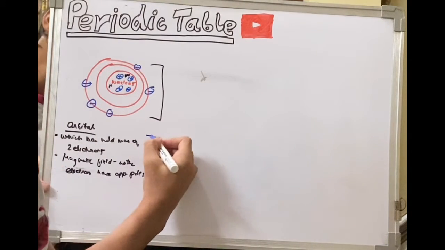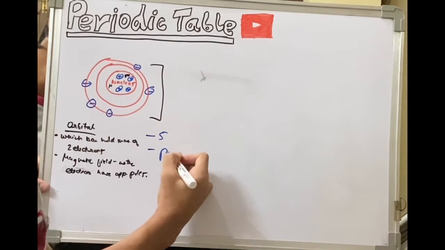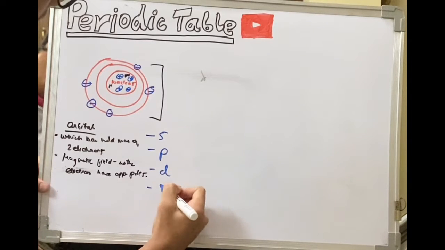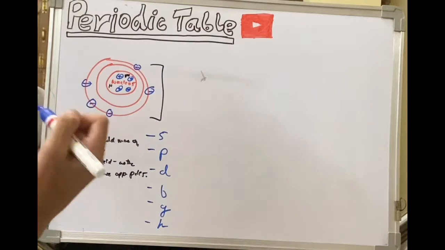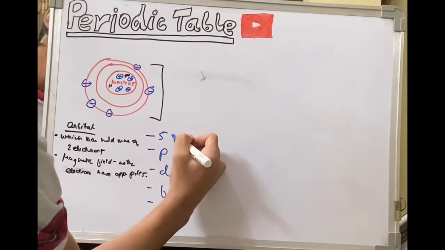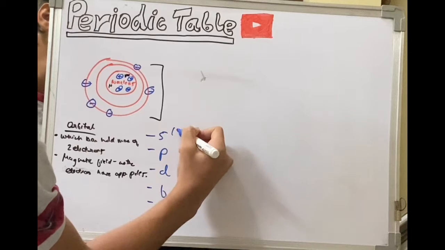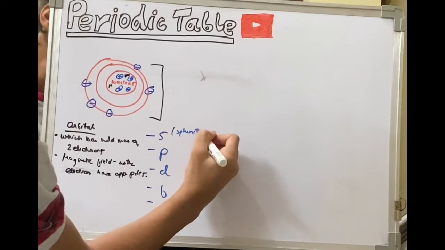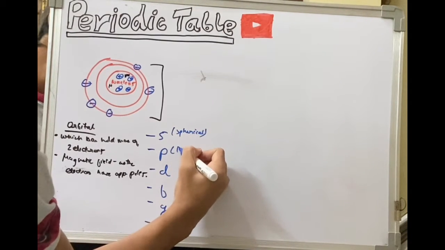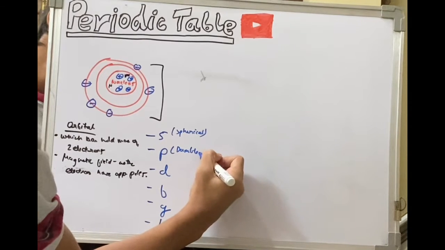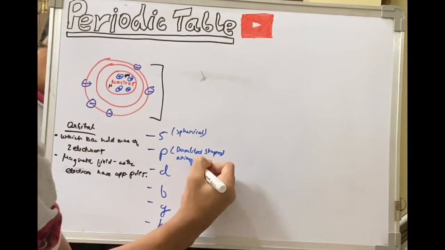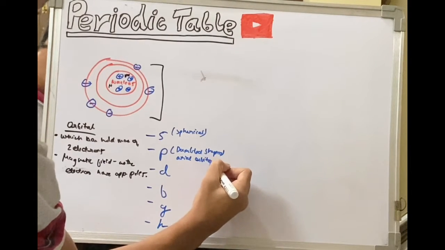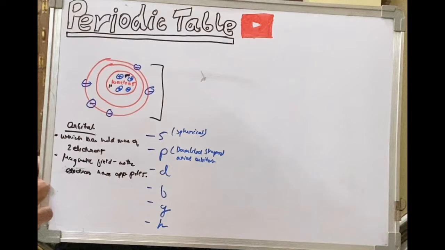So these are the S type, then the P type, then D, F, G, H, right? The S orbitals are spherical in shape. It comes from the letter S only, you can say. Spherical. The P orbitals are dumbbell shaped, and these are also known as axial orbitals because they are generally formed on the x-axis, y-axis or the z-axis.